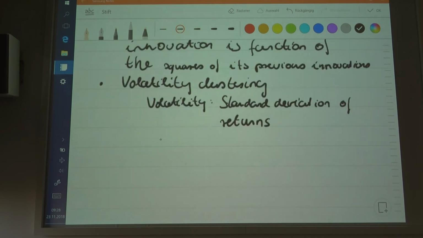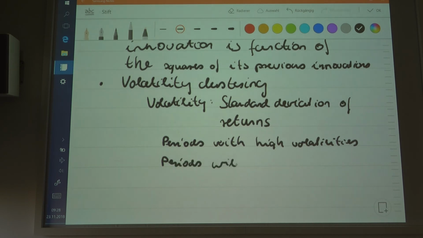And you would also have periods with relatively low volatilities, where the volatility comes down a little bit, depending on previous realizations.